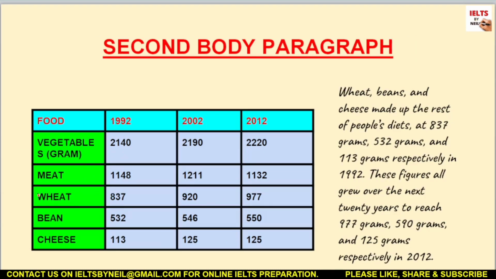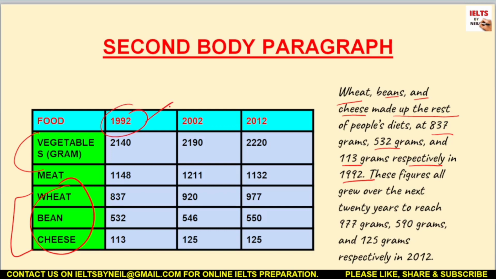For the second body paragraph, as you know, we have covered these two already in the first one. Now we're left with these three. So let's read what we have done. Wheat, beans, and cheese made up the rest of people's diet, at 837, 532, and 113 grams respectively in 1992.